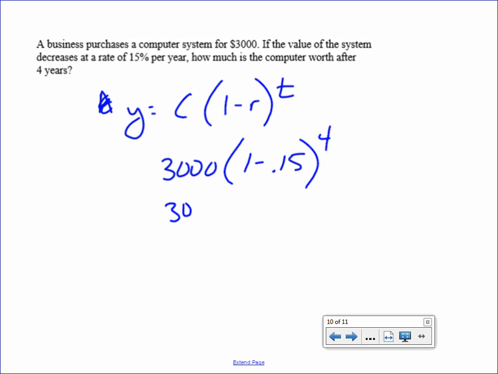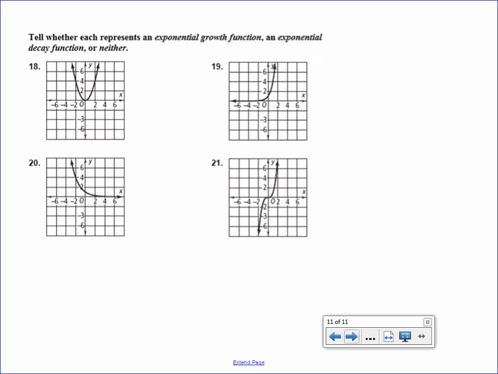So I have 3,000 times 0.522, which ends up being approximately $1,566.